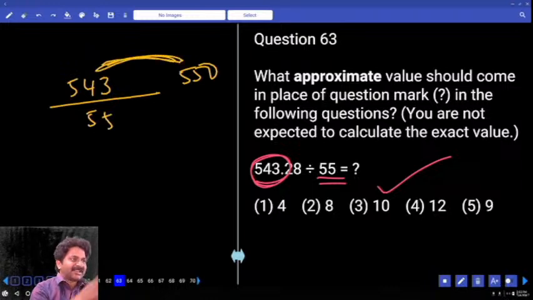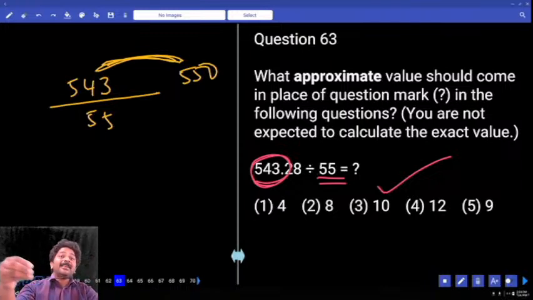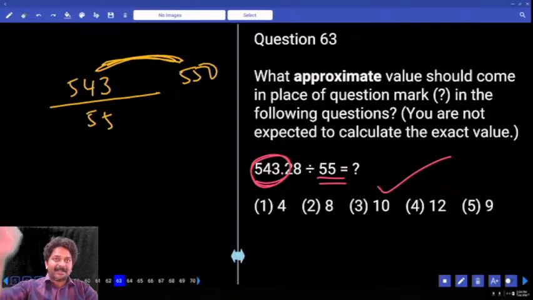What is the difference here? 7. 7 out of 55 is a negligible number, right? So answer must be 10 or a little bit less than 10. That's what I said in my solution. Little bit less than 10, so 9.9 something. Approximate 10 is the final answer.